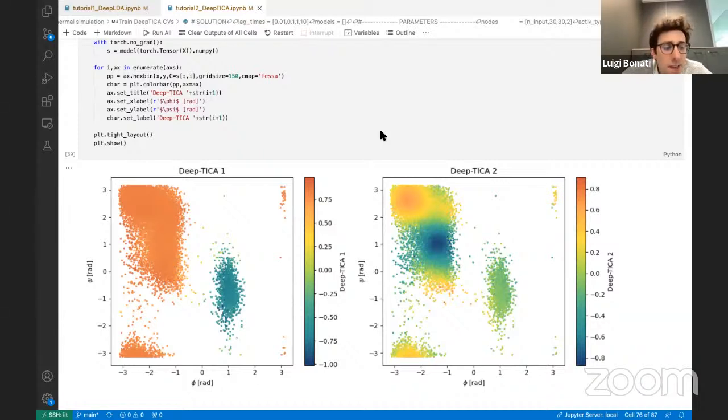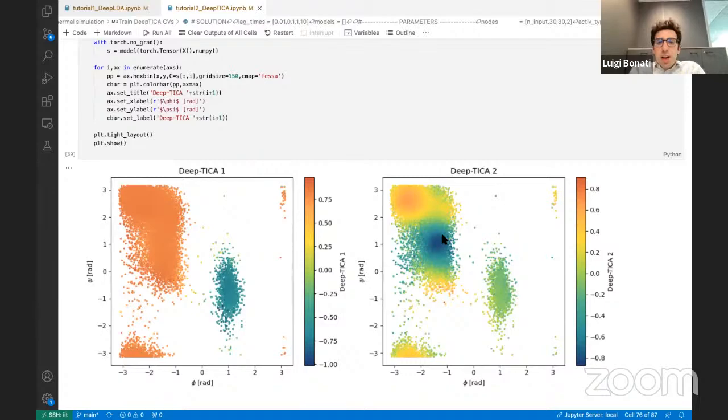And this allows us to recover also the slow modes of this system. The first TICA CV is associated with the transition from state A to state B, while the second CV is associated with the transition between these two substates, which, as we've seen, have a much smaller free energy barrier between them.